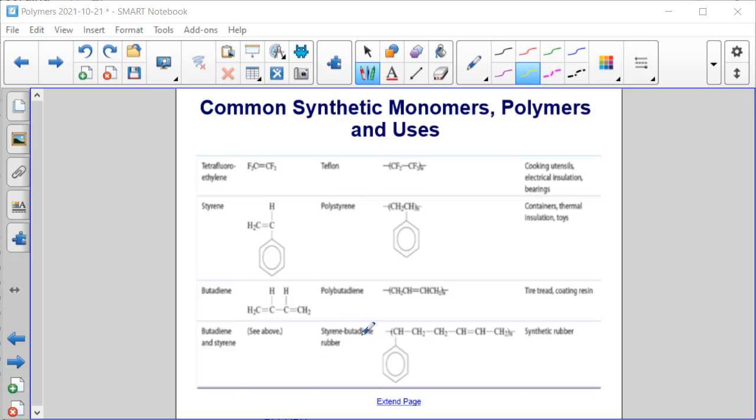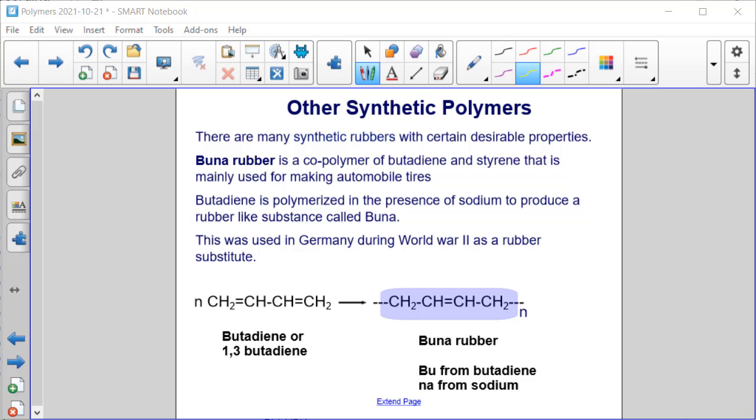So it's a styrene butadiene rubber, which is a synthetic rubber. You can see that this is a combination of the styrene and the butadiene. So here's the styrene, butadiene.